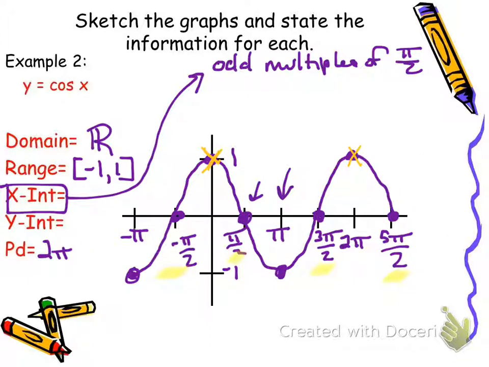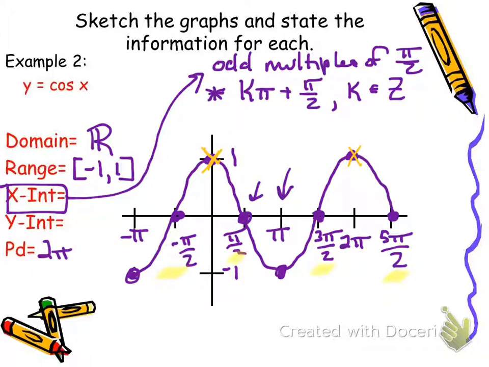All right. So there are 2 ways to do this. I'm going to show you the one that you'll see the most, I think. All the integer multiples of pi plus pi over 2, where k is an integer. So if you take your k pi's and then add pi over 2 to it, you're going to get the odd integer multiples of pi over 2.